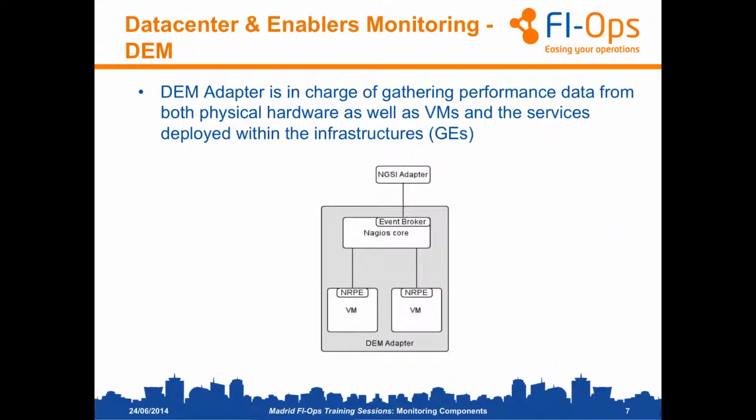The DEM is in charge of gathering performance data from both physical hardware as well as virtual machines. We are also planning to monitor the different services deployed within the infrastructure, which means the generic enablers. This architecture is a bit deprecated, because the partner in charge of this component is working on a new version.